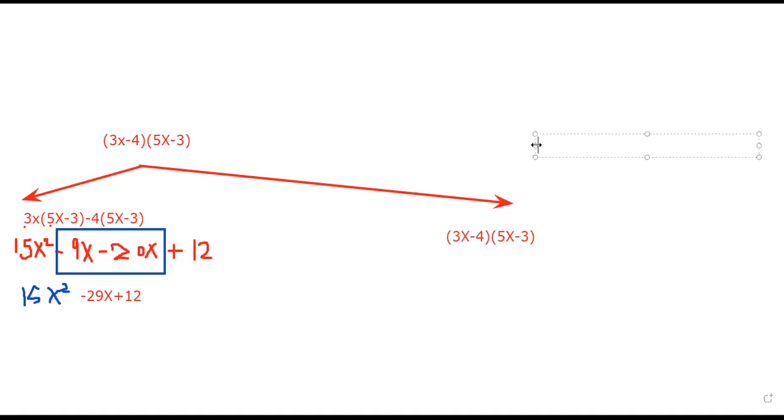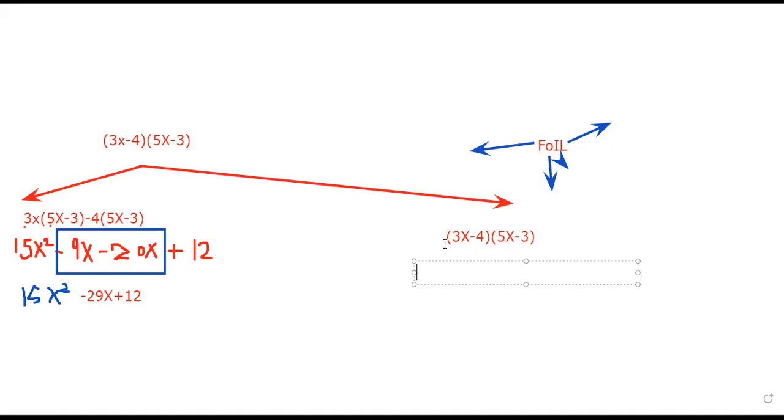Do you remember the word FOIL? So F stands for what? First. O? Outer. I? Inner. L? Last. Very good. After that, we want to multiply.